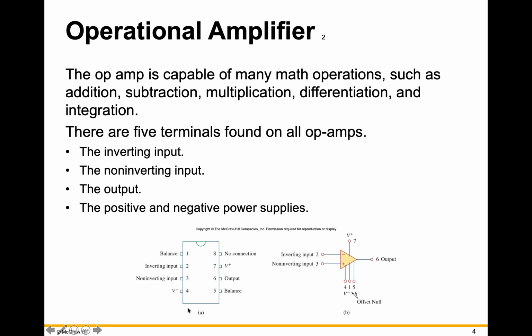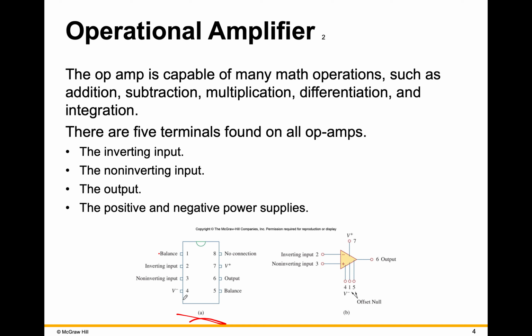So op-amps come commercially as chips. This is what the symbol looks like if you're doing a chip layout. Balance is typically there to give you a calibration on your op-amp.